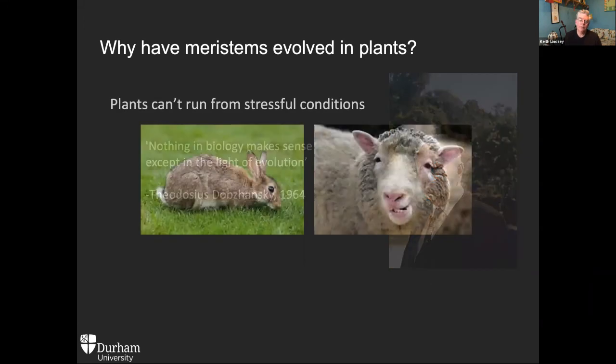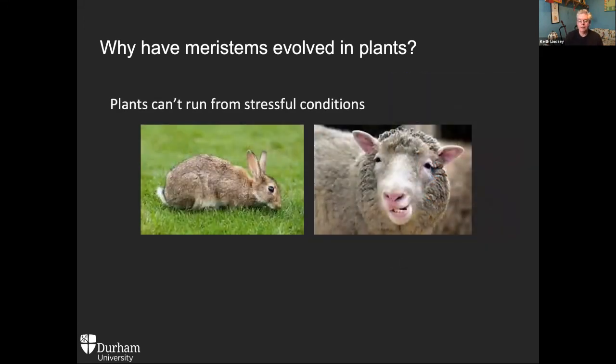Well, one selective advantage of being an animal is that you can run away from stressful conditions, but plants can't do that. So if a plant is set upon by a herbivore, like this little bunny rabbit or this rather angry looking sheep, it has to evolve a different kind of approach to dealing with that mechanical damage that's going to be inflicted by that sheep.